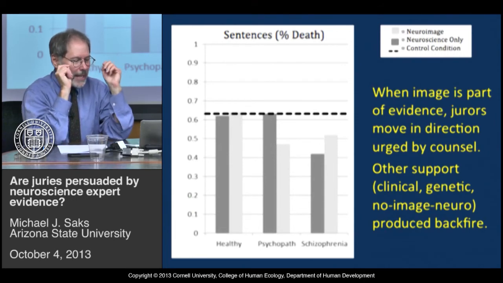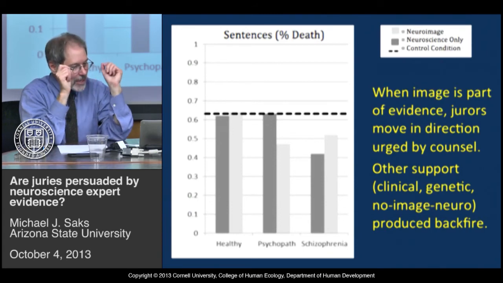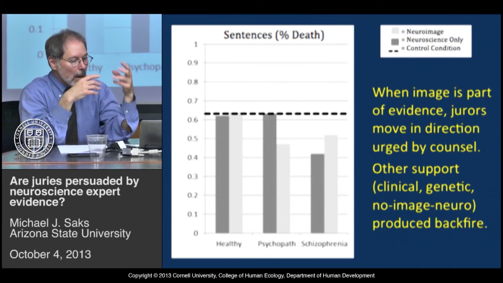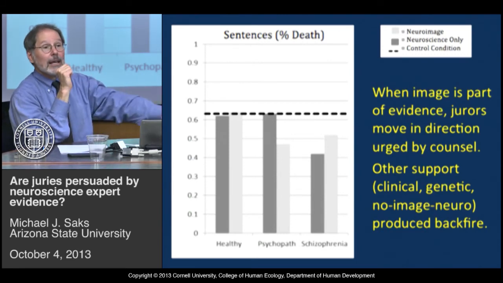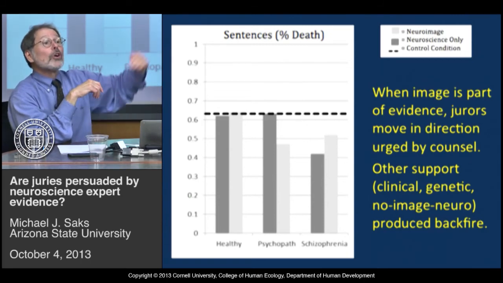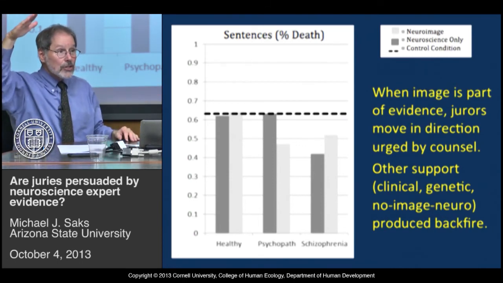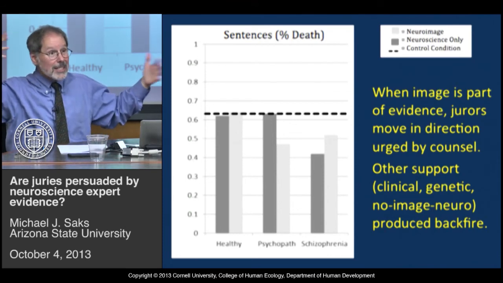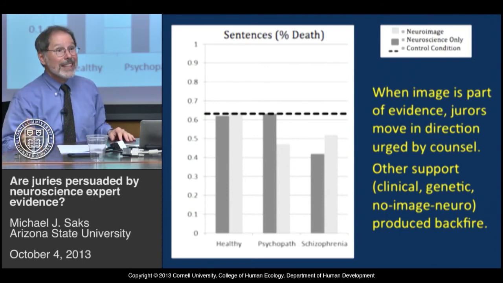But for the psychopaths, when an image was presented as part of the evidence, the jurors moved in the direction urged by counsel. If the prosecutor said, look at this neuroimage, that supports my argument that he should be executed, jurors went higher for execution. When the defense said, look at this image, this supports my argument that he can't control it, it's not his fault, cut him a break, let him live out his life in prison, jurors went along with that.